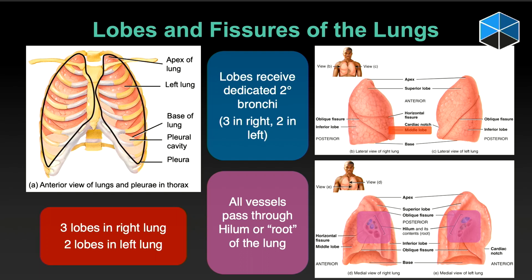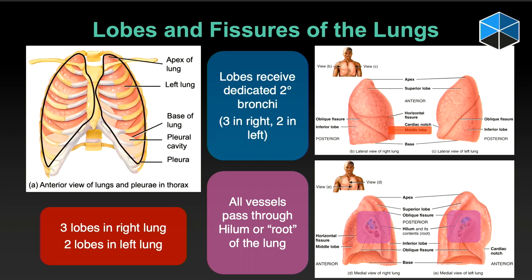The airways, the primary bronchi in this case, the pulmonary arteries bringing deoxygenated blood in to be oxygenated, and the pulmonary veins returning oxygenated blood back to the left heart. All of those structures pass through the hilum of the lung. You can see that just highlighted here in these purple squares.